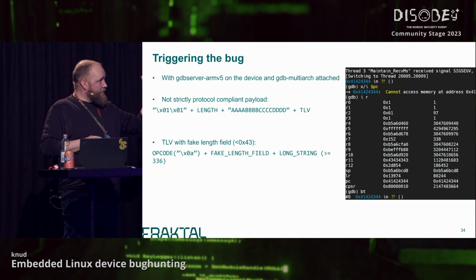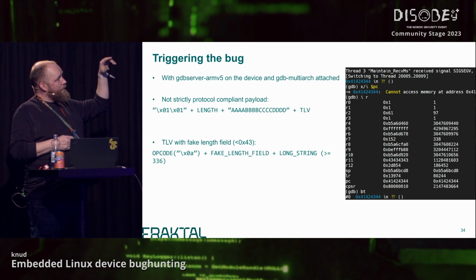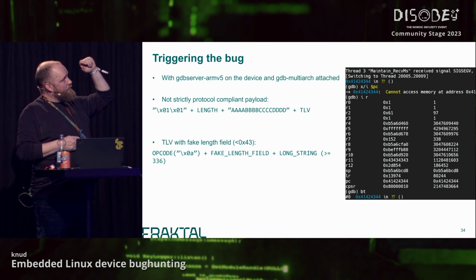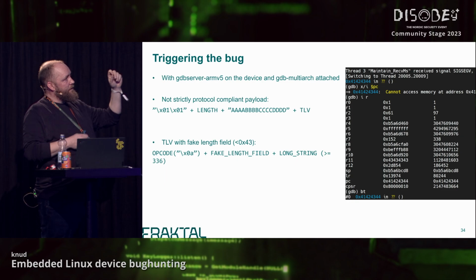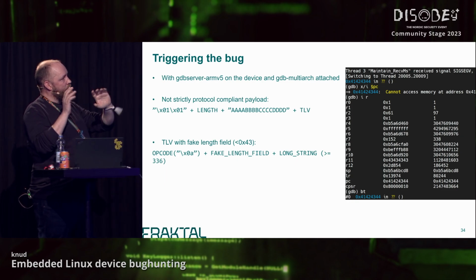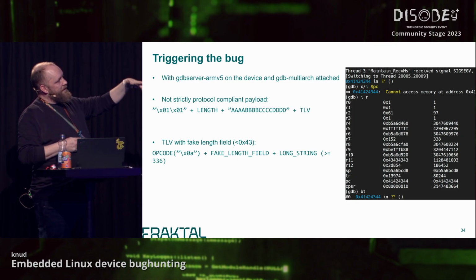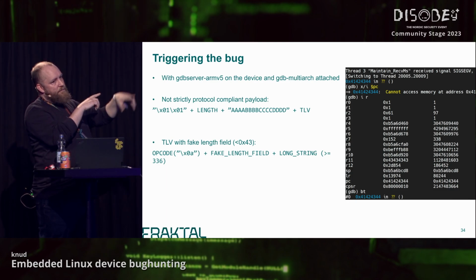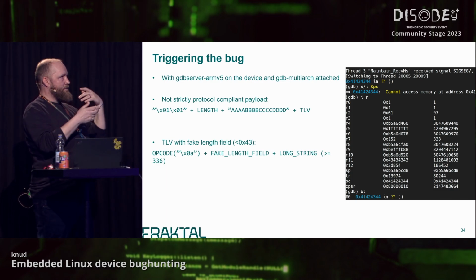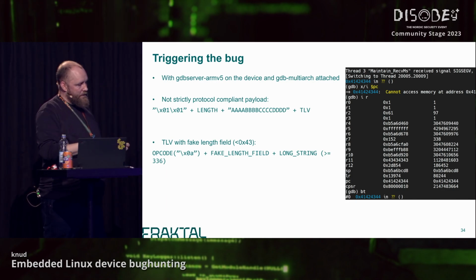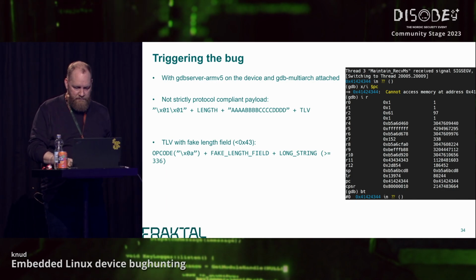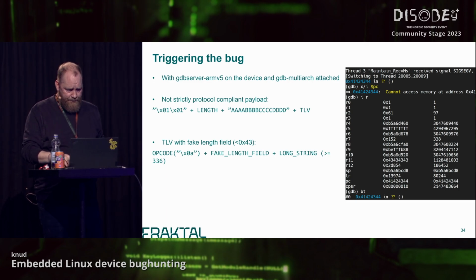So triggering the bug, you can put some of the required protocol stuff, the correct length field, very important that it's correct, some junk, and then this malformed TLV packet with the fake length field, which is below 43, because otherwise it doesn't do the copy, and then you have the long string, and then you have smashed the stack and overwritten the instruction pointer.